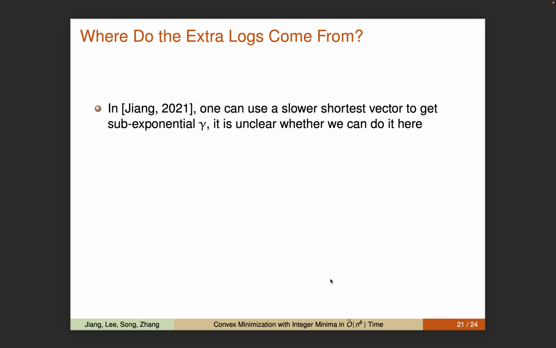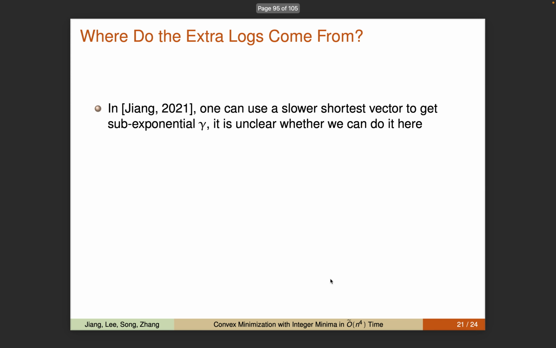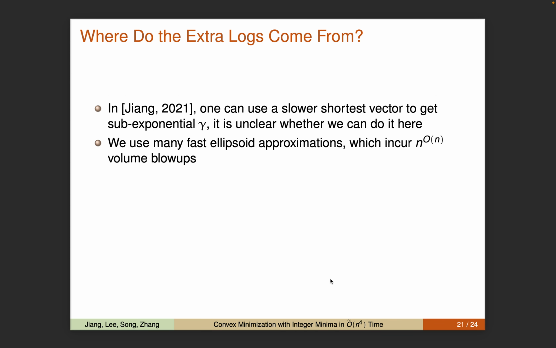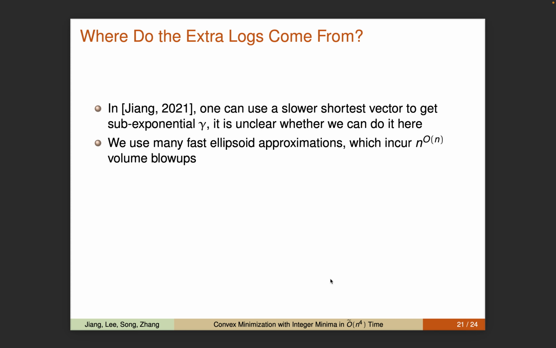So this is one of the reasons he can avoid gamma being 2 to the n in the second part of the oracle cost. And moreover, the first part, the n squared times log n part of our algorithm, basically comes from using many fast ellipsoidal approximations to get a very fast algorithm. This inevitably blows up the volume by a factor of n to the O of n, and if you take log, this is n log n.